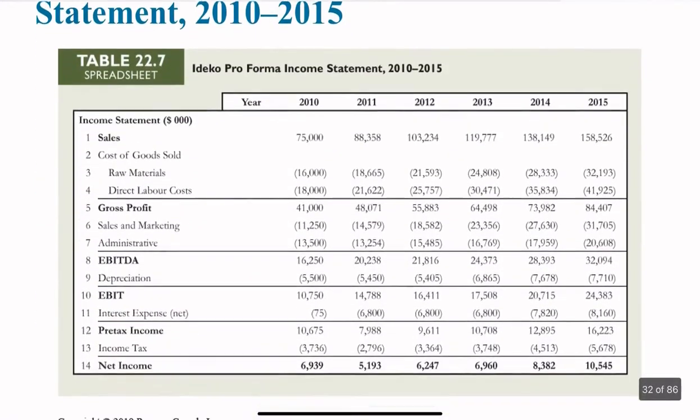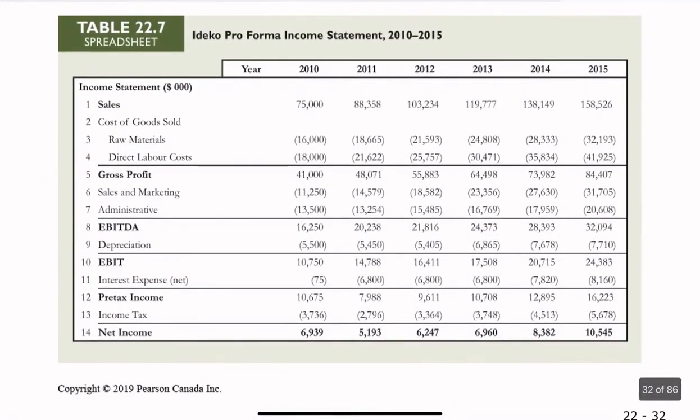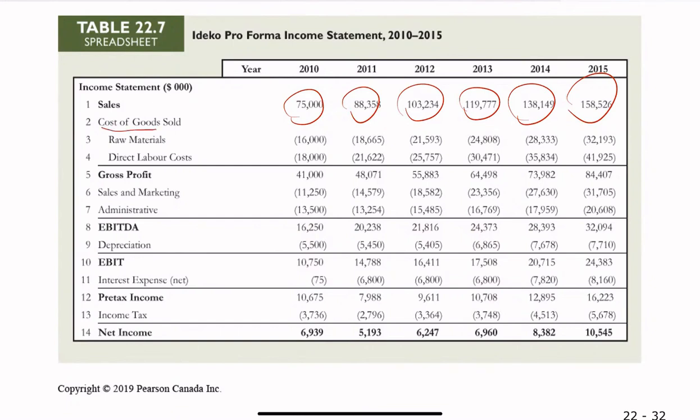Now you can see that given these projected sales numbers and these projected COGS numbers, we can get our gross profit, and then we can get our projected SG&A. So this will give us EBITDA, right? And then after depreciation, we get EBIT. And then we will deduct interest expense. This gives us the taxable pre-tax income.